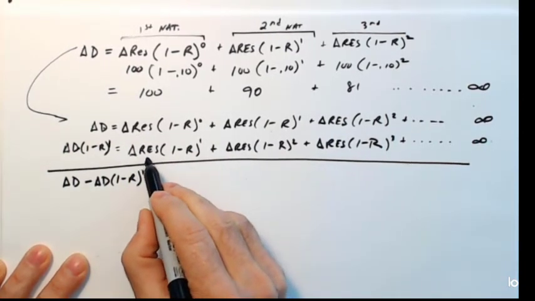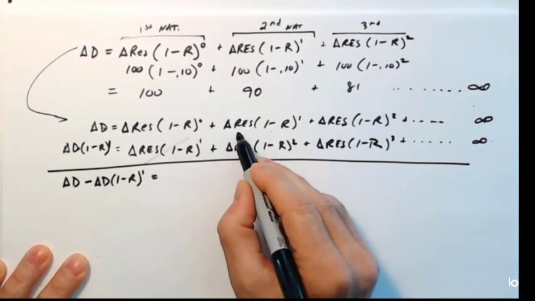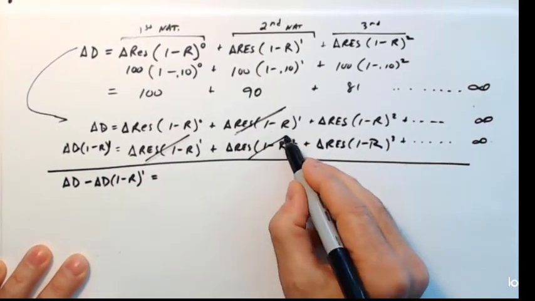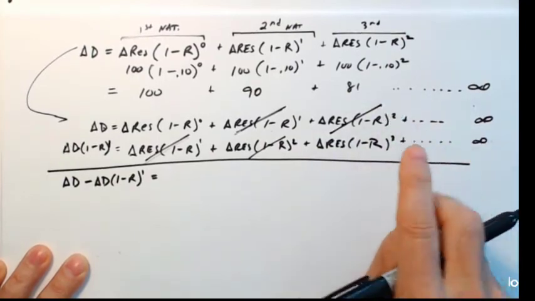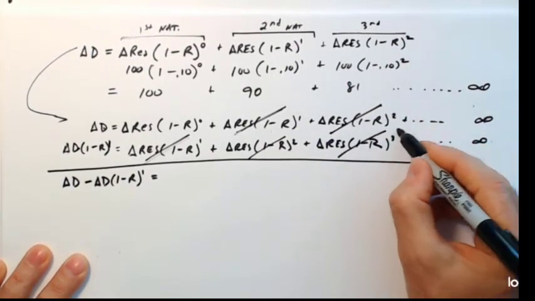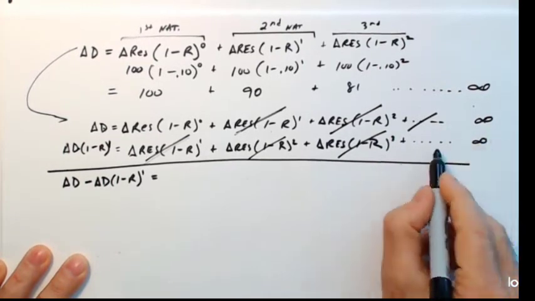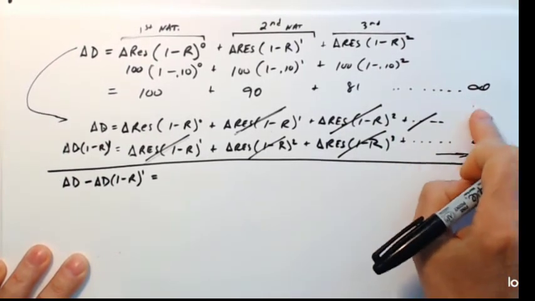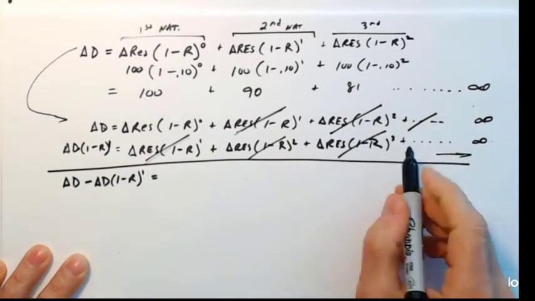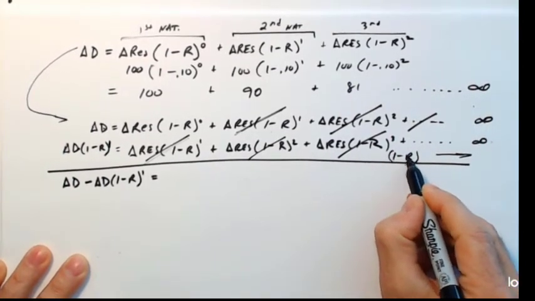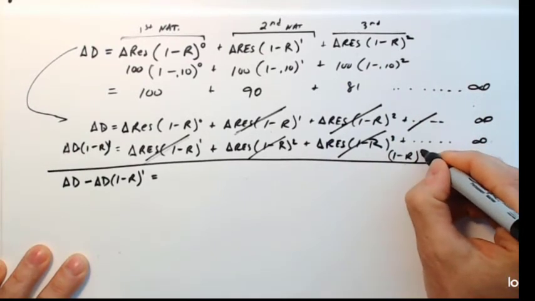Well, look what happens. See this term? It matches this term. So cross that out. You see this term? It matches this term. And there's another term here and here that match out, and so on. And when you get all the way to the end out this way, these terms are basically zero, because you're taking 1 minus r, which is 0.90 for r of 0.10, to the infinity.